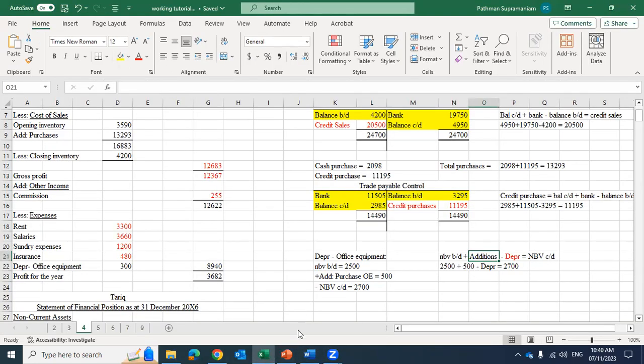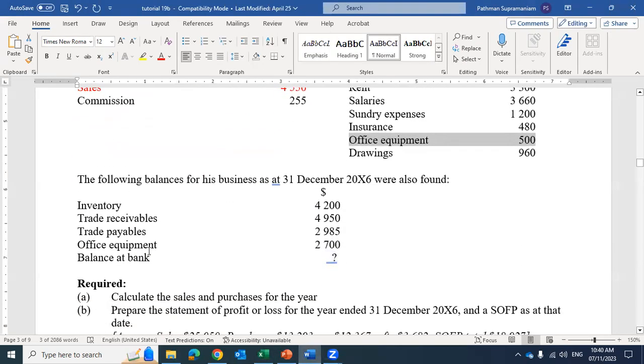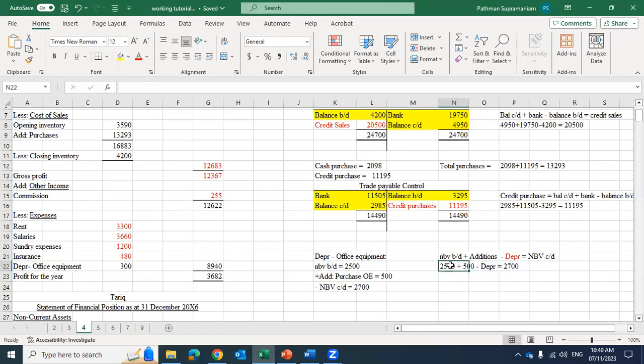And then the ending carrying value is this figure here. When you solve for depreciation, you'll get the answer to be 300. So depreciation would be 2,500 plus 500 minus 2,700, and that's how I got 300 here. That being all the expenses that we have, we total up the expenses and therefore we get the profit for the year to be 3,682.